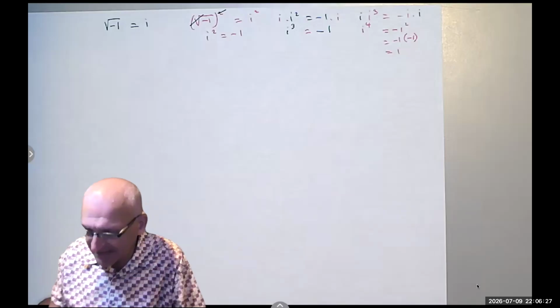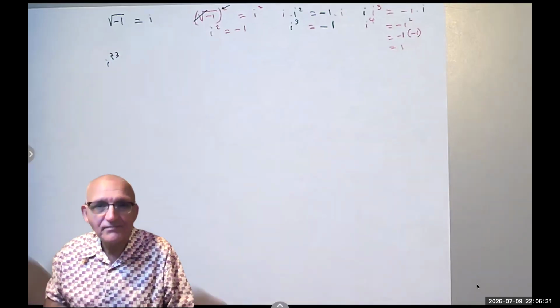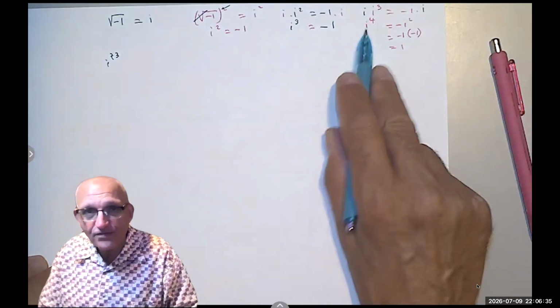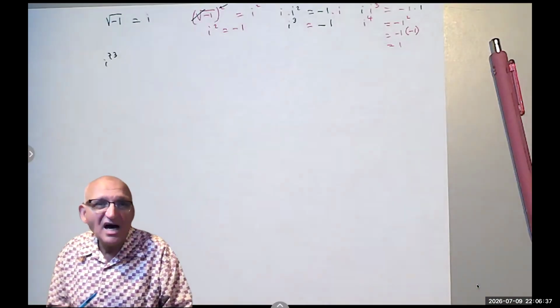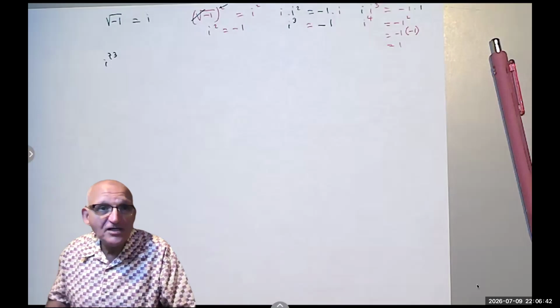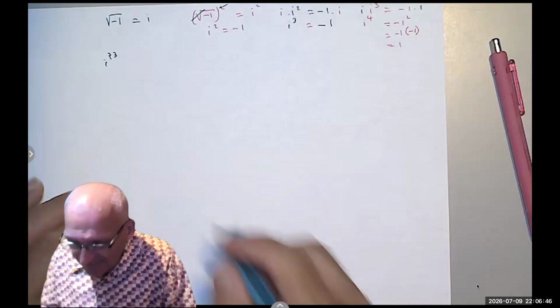So if I tell you, for example, what is I to the power of 73? I say it doesn't matter. Every time I divide by 4, it's like going through a full cycle of I to the fourth. But what is 73 divided by 4? If you try it on the calculator, you'll get 18 and a quarter. In fact, 72.